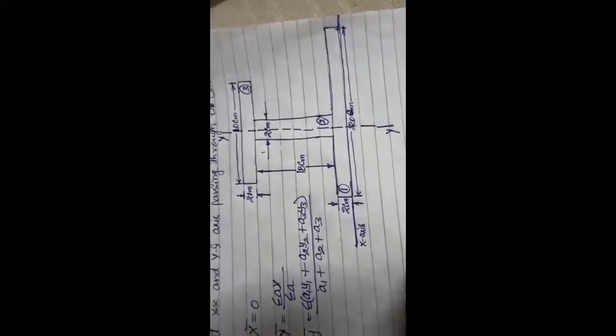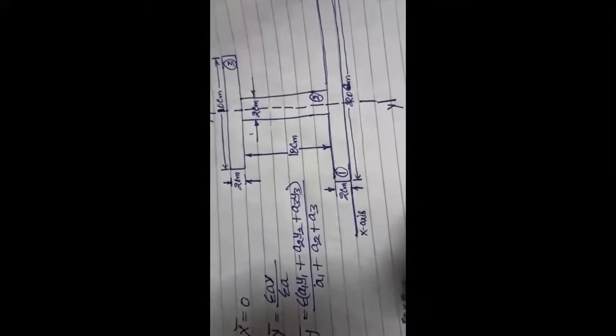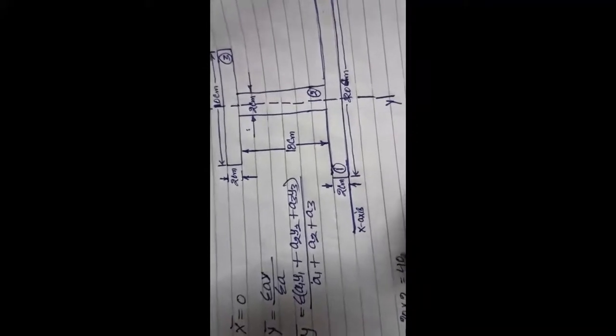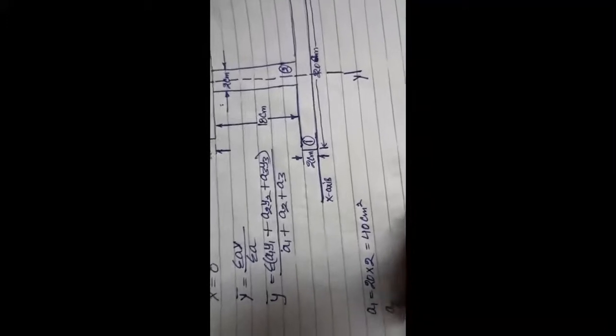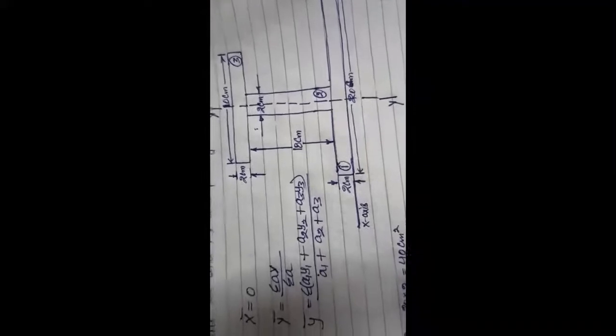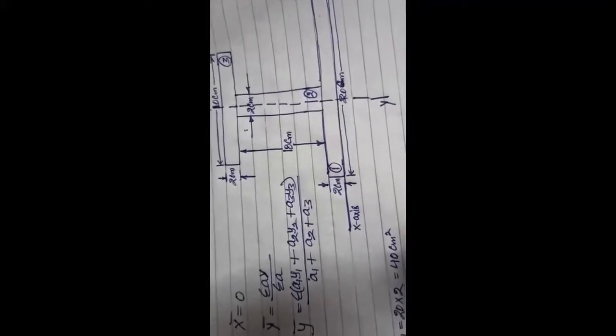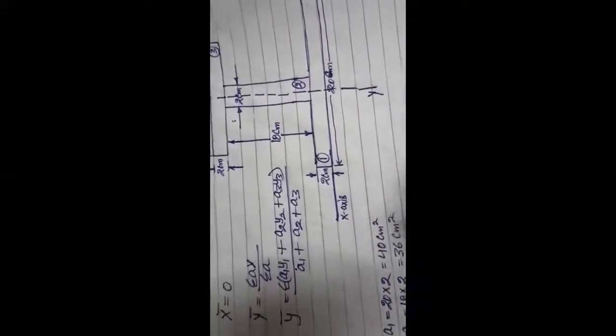So first of all, we will find a1. a1 is the area of this rectangle, so this is equal to 20 into 2, which is 40 centimeter square. a2 is equal to 18 into 2, so this is 36 centimeter square.